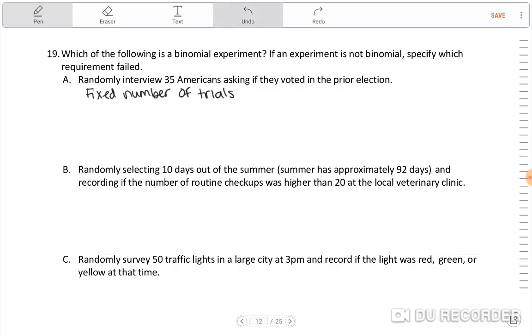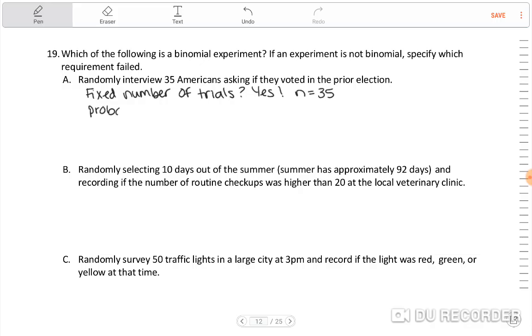And the answer is yes. N is going to equal 35 because that's the number of people you interviewed. Do we have, let's see, does the probability of success remain the same throughout?